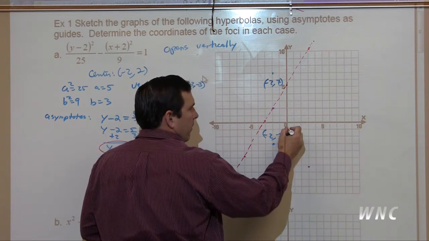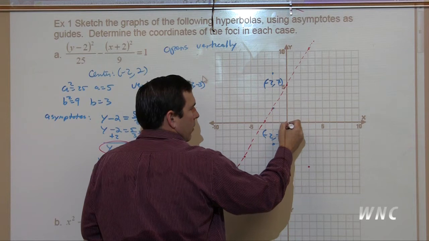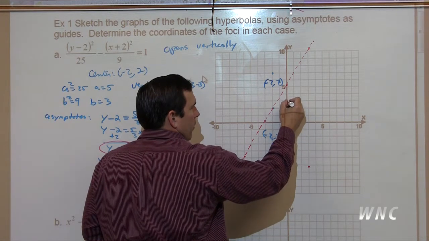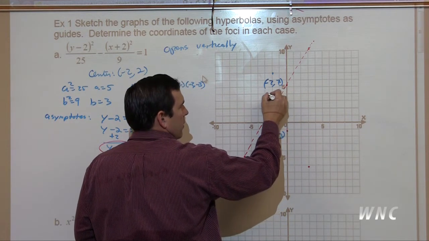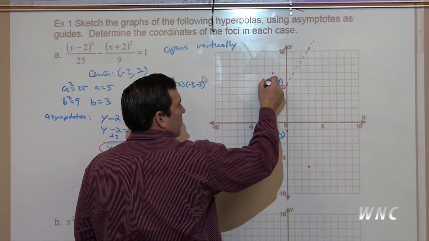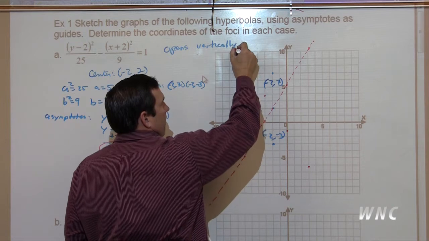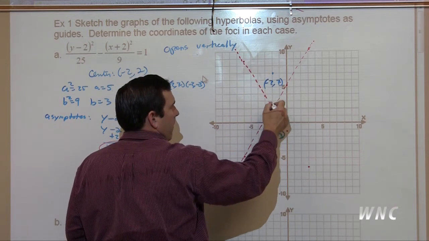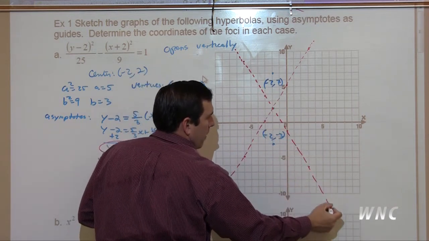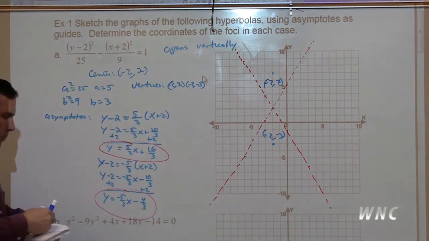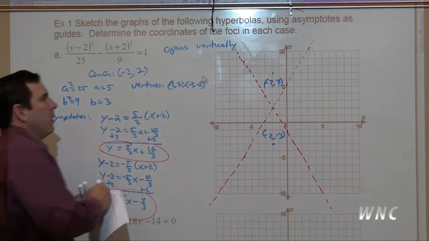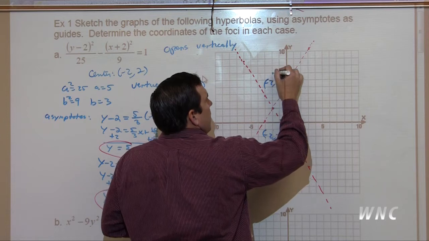Or it'll go up 5, 1, 2, 3, 4, 5, back 3, 1, 2, 3. And it's going to approach those asymptotes.